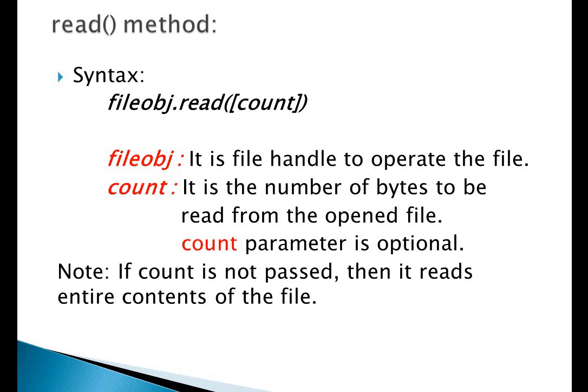So this is the difference between two read methods. First read method, which is not accepting anything, and second read method, which is accepting the number of bytes that you want to read, and this number will be passed as the count.